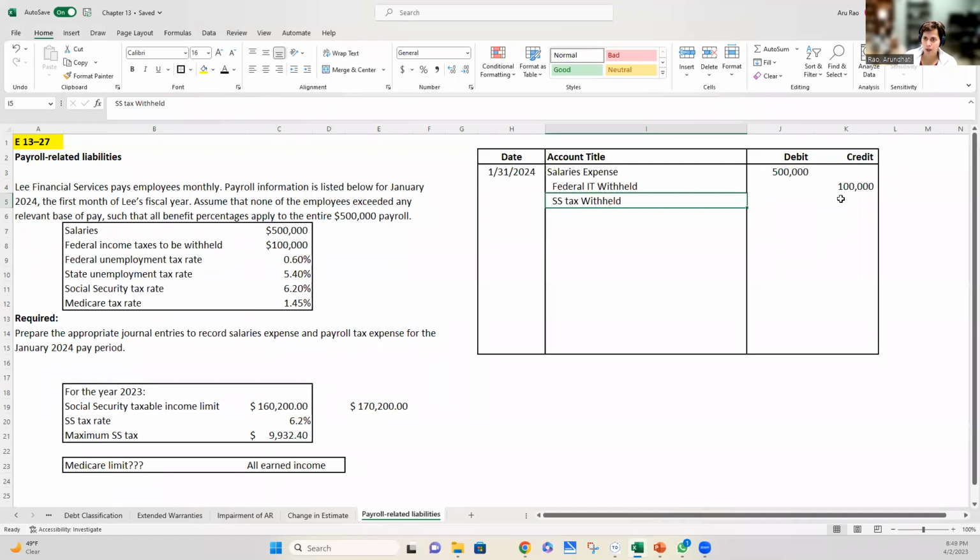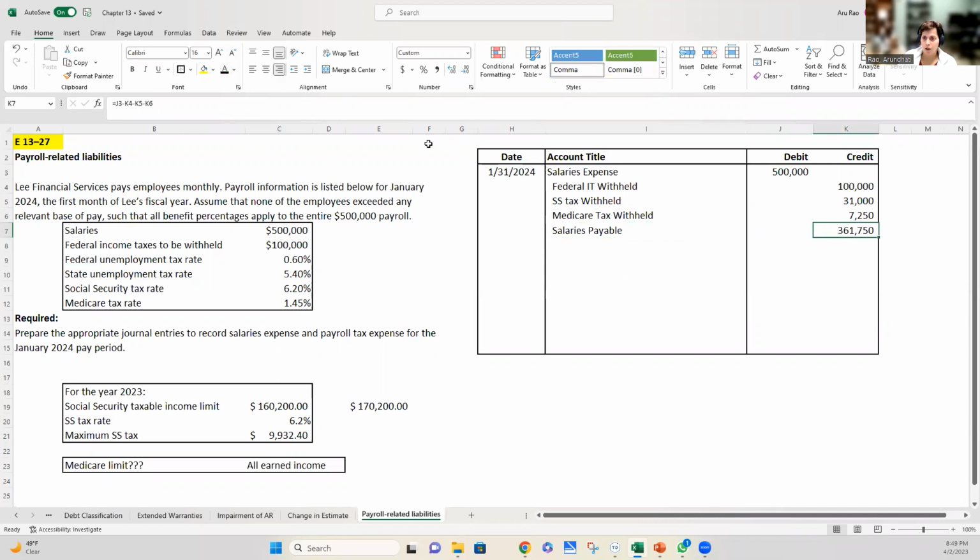Social Security tax withheld is 6.2% of the 500,000. So that's 31,000. I also withheld the Medicare tax. That's 1.45% of the 500,000. That's 7,250. And the balance is salaries payable, or I'm going to write cash credit if I'm paying cash on the 31st of the month.